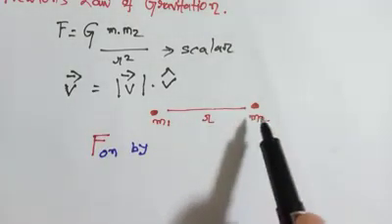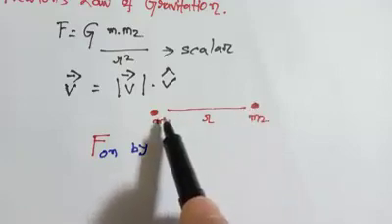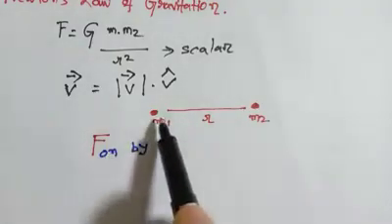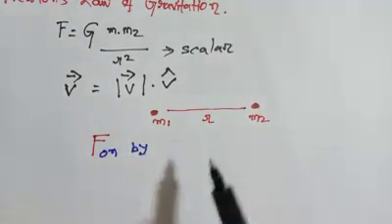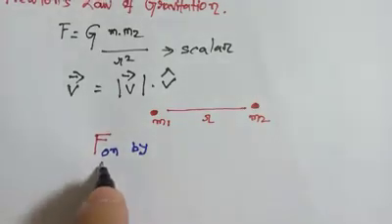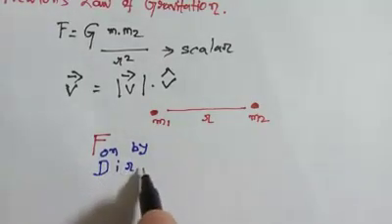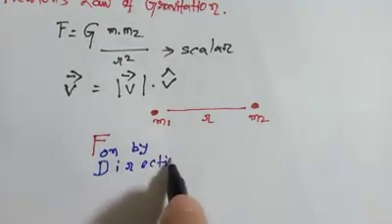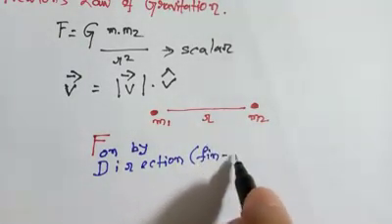On means which body the force is acting on, and by means which body it is acted on by. And the direction, if you want to write it, is the final minus the initial. So the direction would be final minus initial.